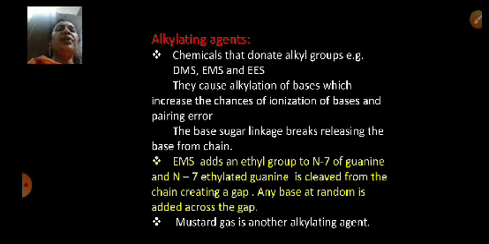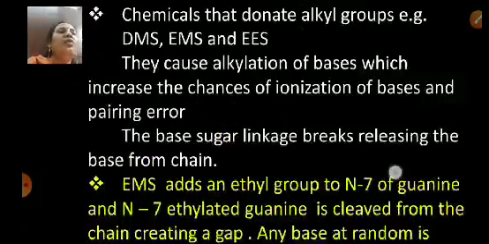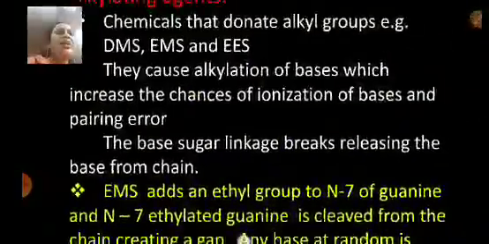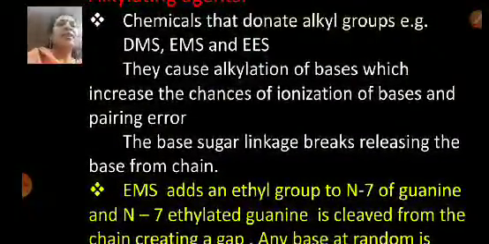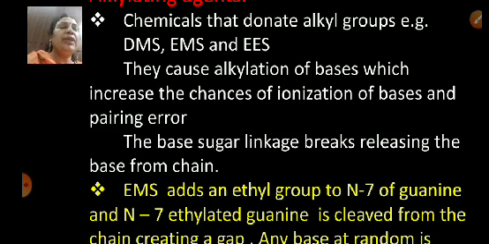The third type of chemical mutagen is alkylating agents. Alkylating agents like DMS, dimethyl sulfonate, EMS, ethyl methyl sulfonate, or EES, ethyl ethane sulfonate can act as alkylating agents. As the name suggests, they bring about alkylation of bases. When DNA comes across an alkylating agent, its bases undergo alkylation.